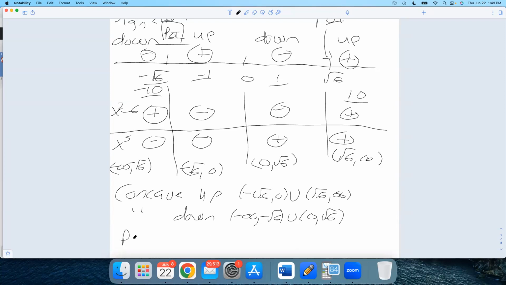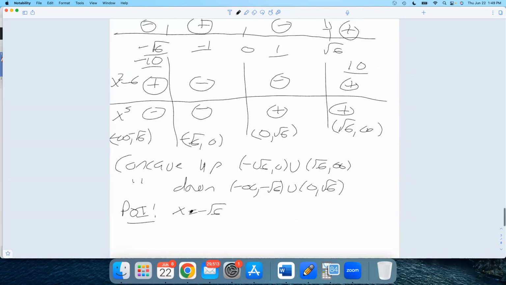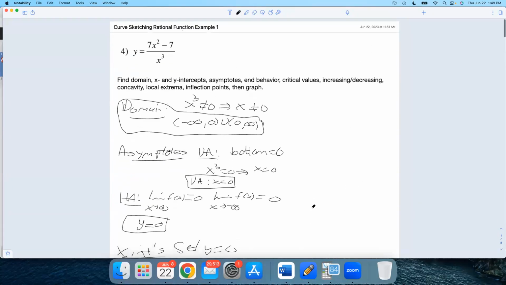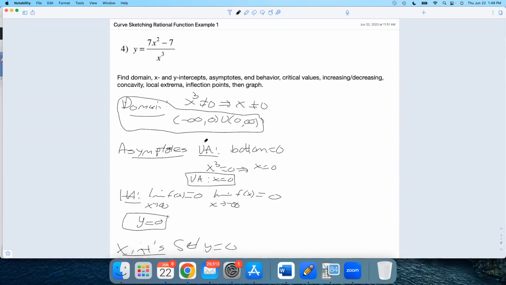We have points of inflection at negative root 6. I got to plug that into the original. That's where that's at. When somebody says, where does it occur? That's where. Now we plug this in the original. So we're going to plug it back here.